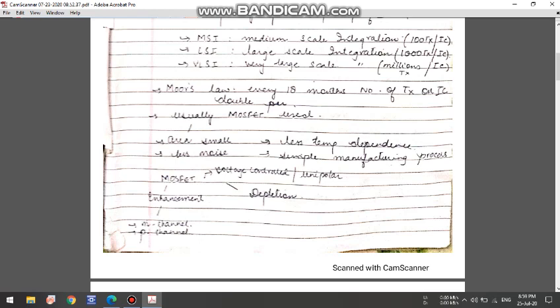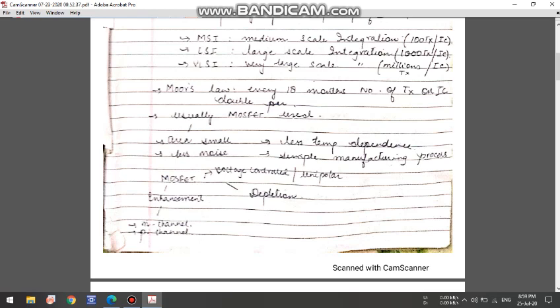That is, with an increase in temperature their parameters do change, but not to a greater extent like in the case of BJTs. Then the manufacturing process of MOSFETs is simple as compared to BJTs.